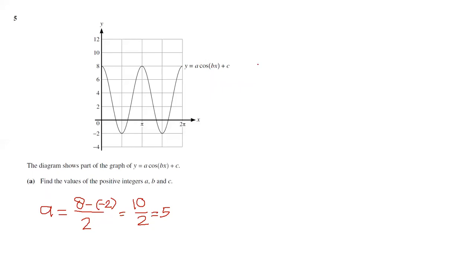And how about b? For b, 1 period equals 2 pi over b. 1 period equals pi. Pi equals 2 pi over b.